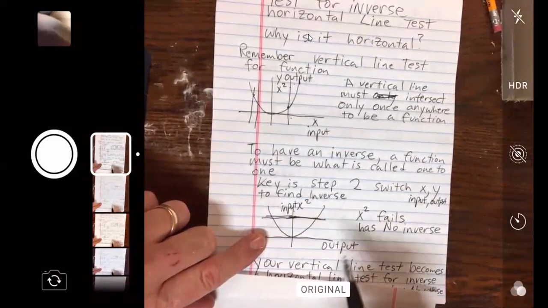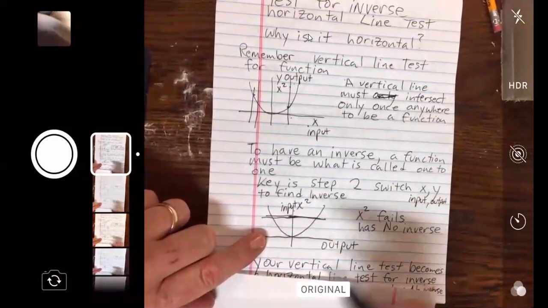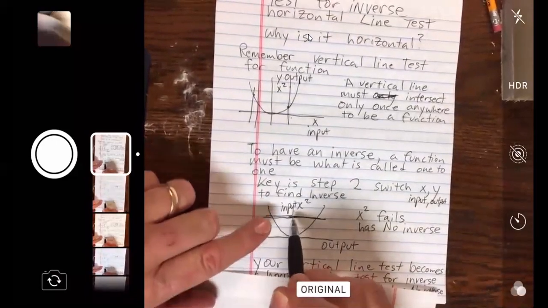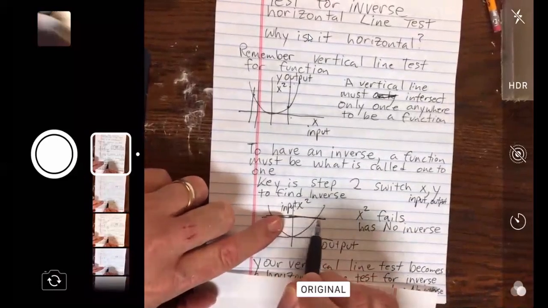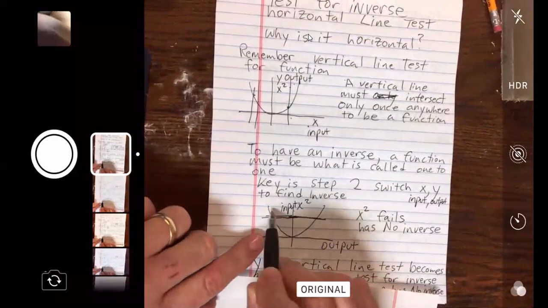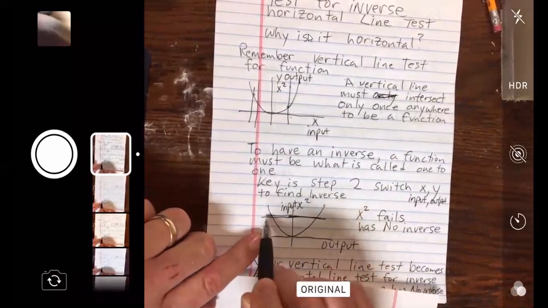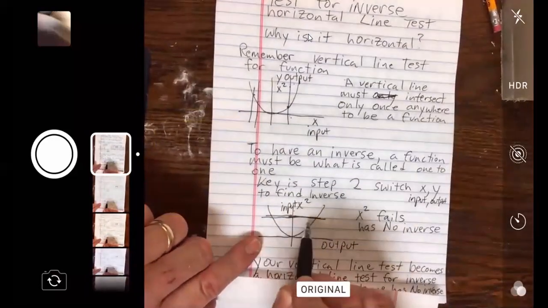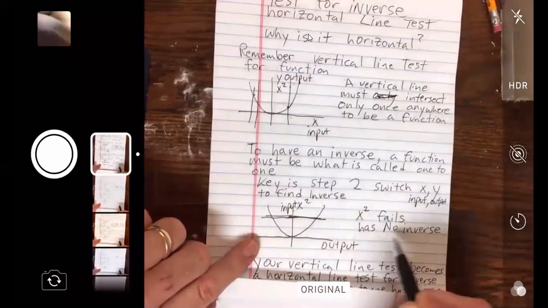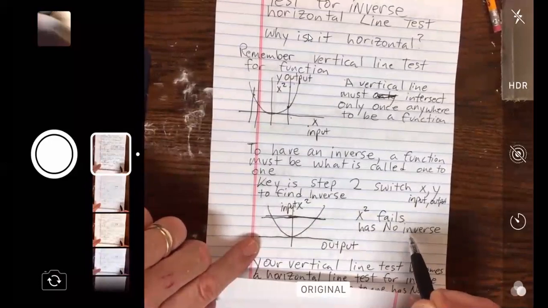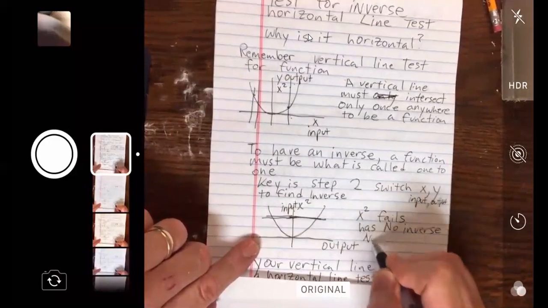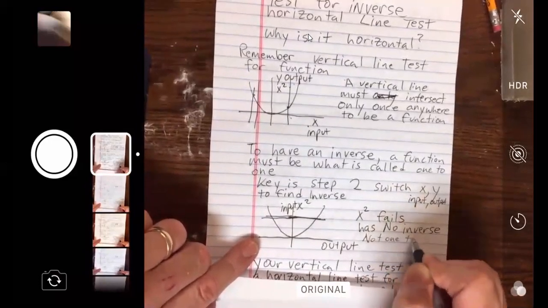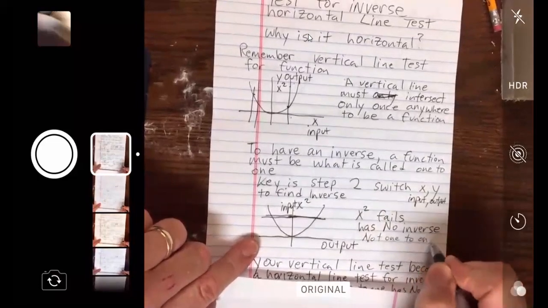And it's the same idea. For any single input, you can only have one place to go. But you can see for straight x squared here, there's 2 places to go. x squared fails. It has no inverse. This is not one-to-one. That's the book gibberish for this.